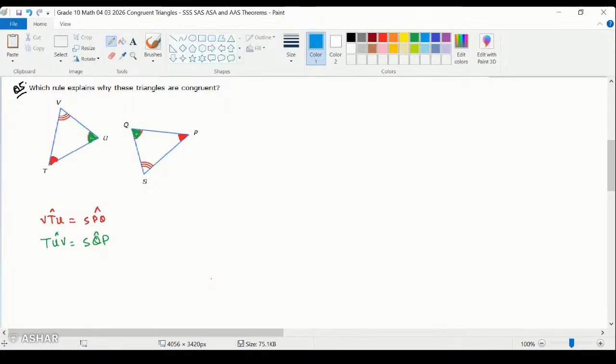And the third angle given is this angle. Thank you for letting me know after this question. Let me complete this. In this case, TVU was equal to QSP, right? So three angles are given to us. Side, side, side cannot be used.